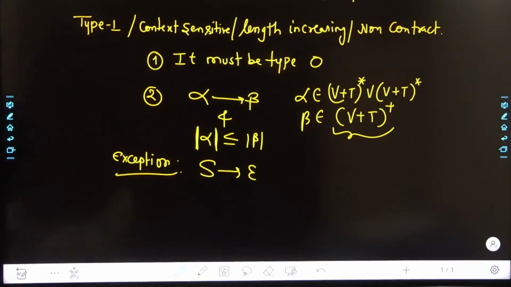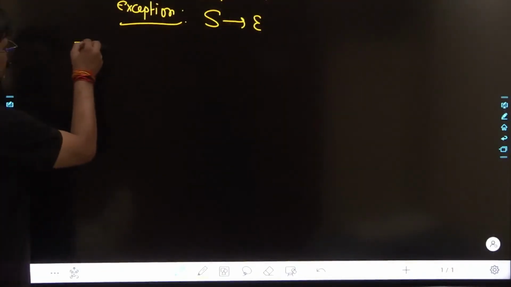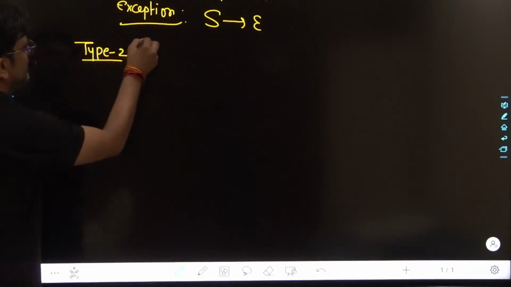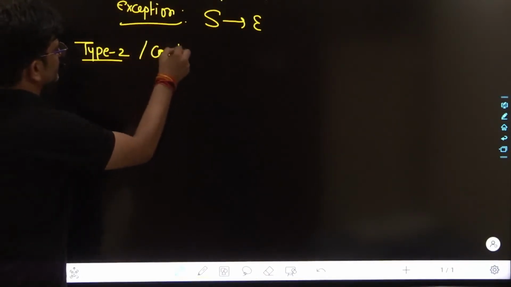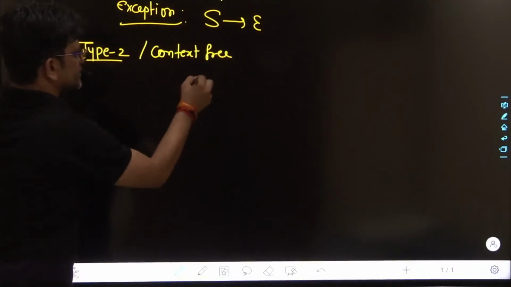Next is type 2. Type 2 is known as context free grammar. So what is the definition?